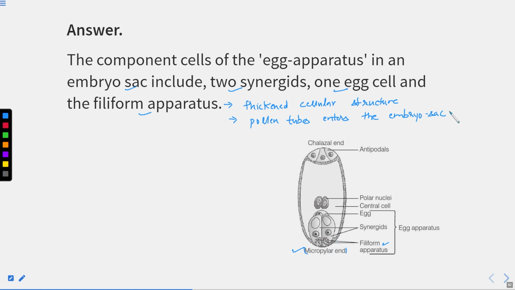So pollen tube enters the embryo sac through the filiform apparatus. Where is filiform apparatus present? That is present at one end of the synergid, or you can say within the synergid. So filiform apparatus is attached to one side of the synergid. Here it is present, filiform apparatus. So these were the components of the egg apparatus.